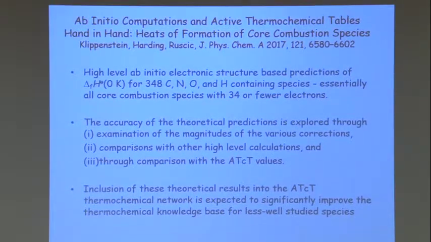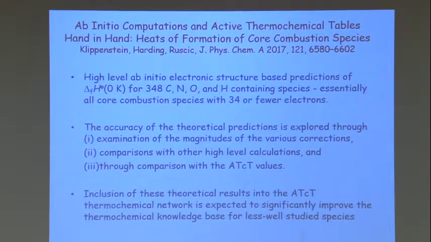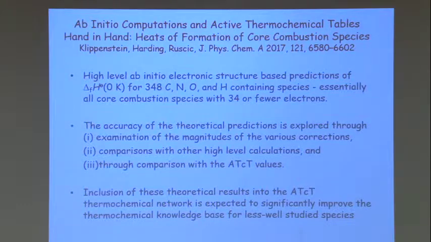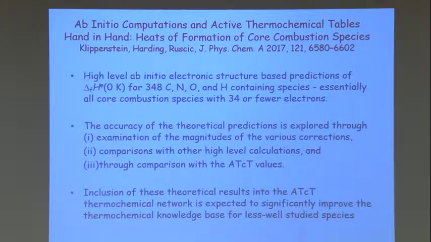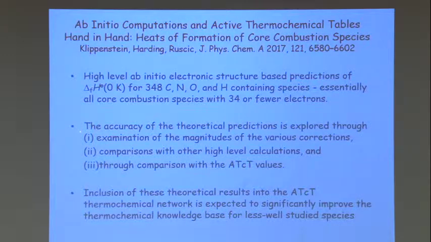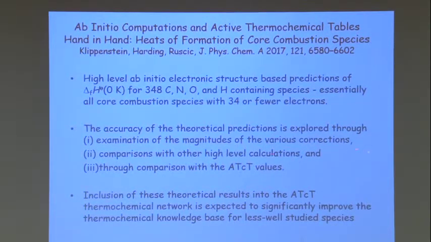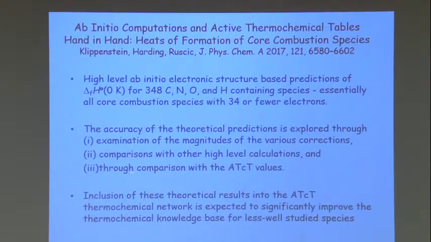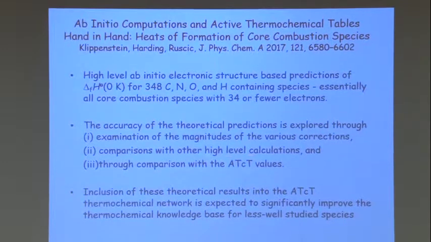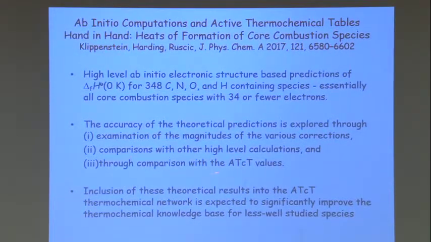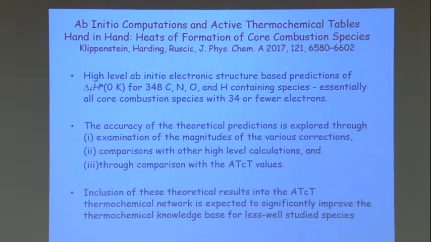So that's a bit restrictive if you're interested in dodecane, but this covers an awful lot of species, especially radical species, for combustion. They explore the accuracy of the theoretical predictions by looking at the magnitudes of the various corrections they've incorporated, comparisons with other high-level calculations, and comparison with ATCT values.